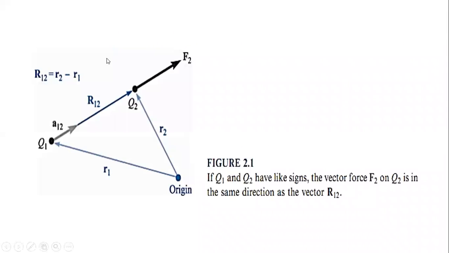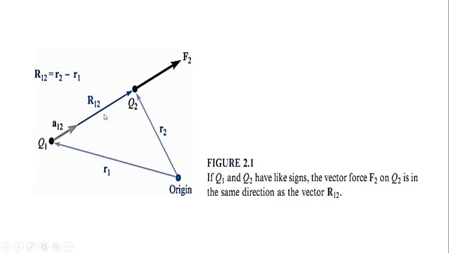If we look at this figure, let's suppose the charge Q1 is located at this point, having a position vector R1. The position vector of the charge Q2 is R2. So the line joining these two charges will be R12.